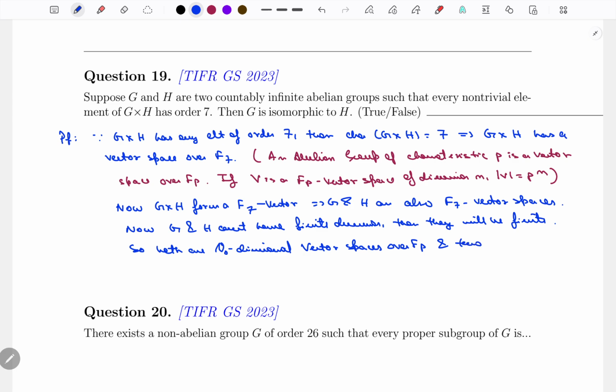Two vector spaces over the same field having the same dimension are isomorphic as vector spaces, but then you can translate them to groups because they are after all groups, having an underlying abelian group structure. So this will also be true.